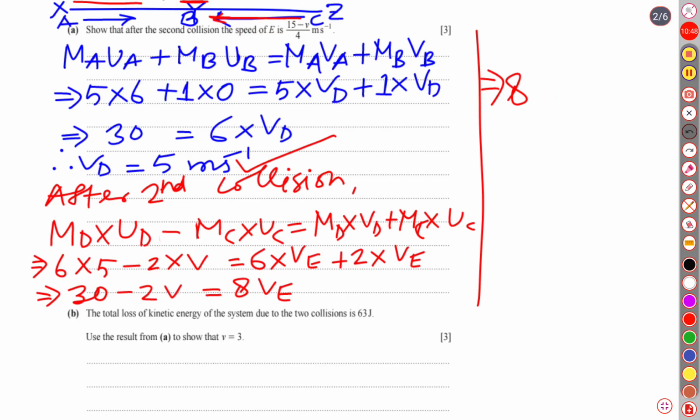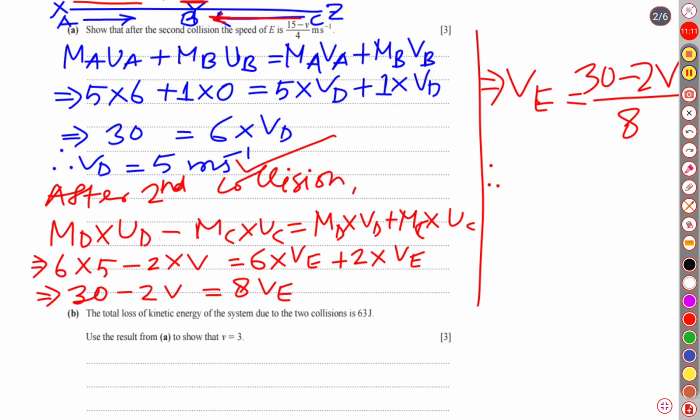If we isolate the velocity of E, 8 will go as the denominator and the numerator is 30 minus 2v.